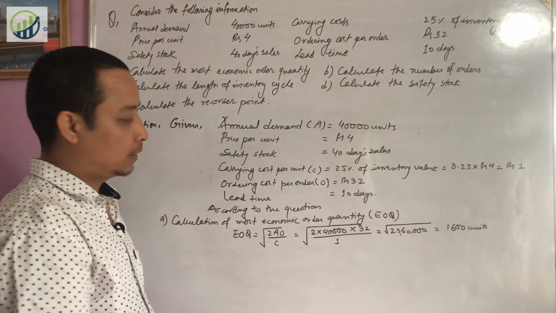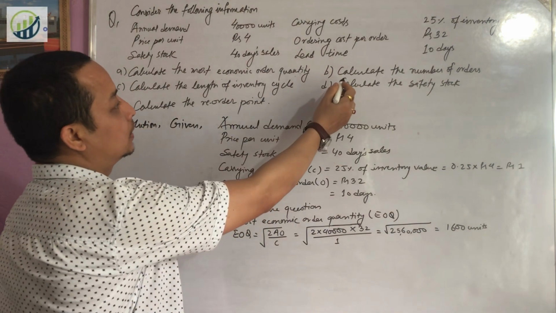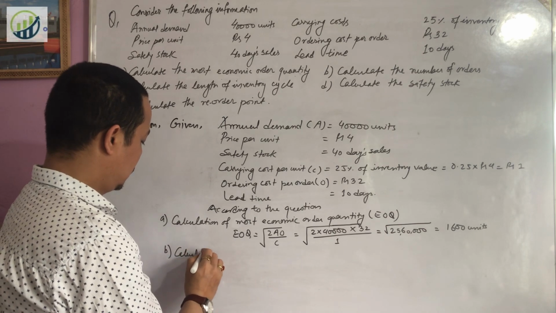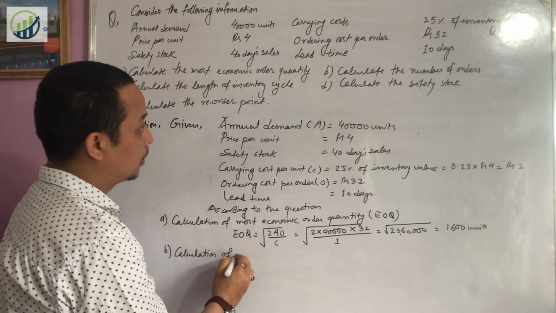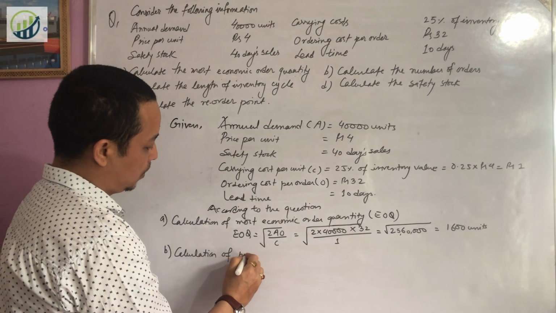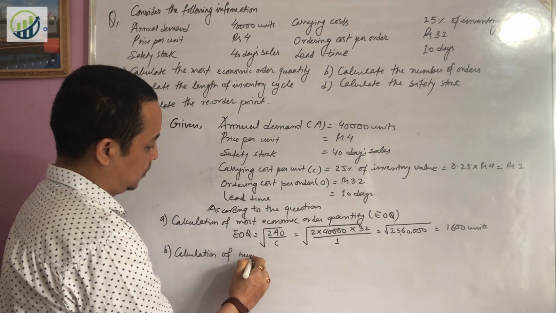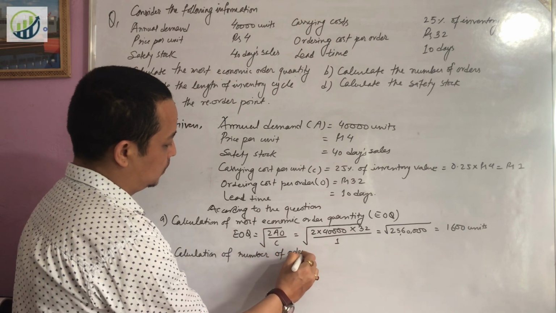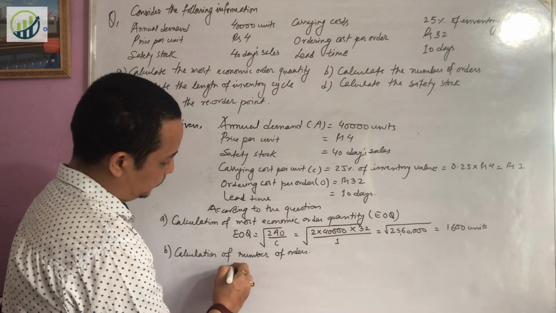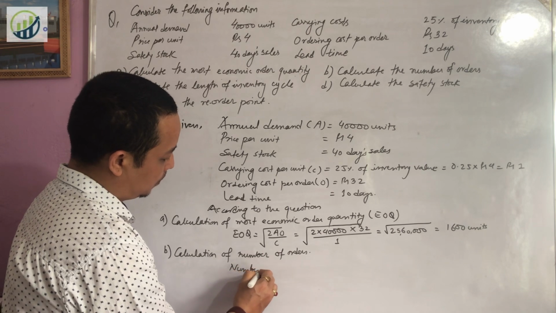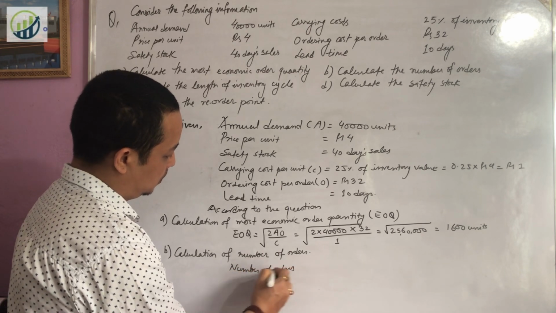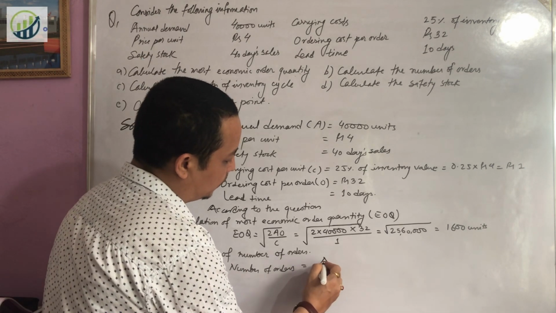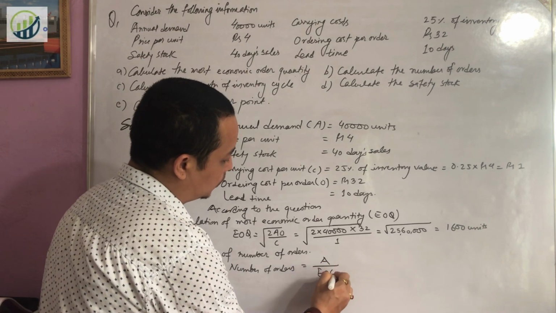Now after finding the economic order quantity, you have to find the number of orders. So here the calculation of number of orders. Number of orders equal to annual demand divided by EOQ.